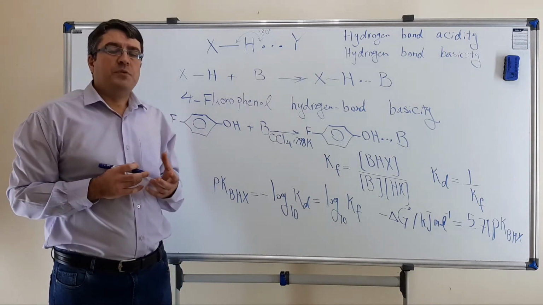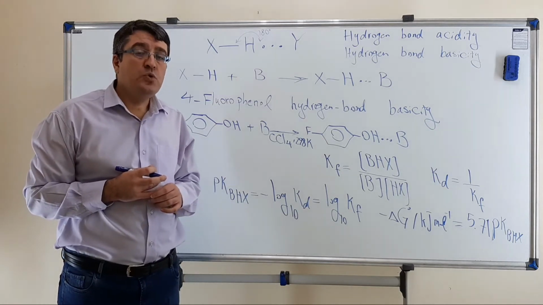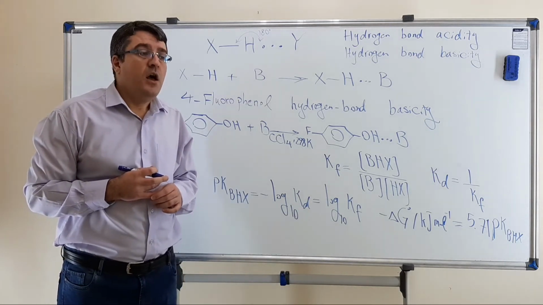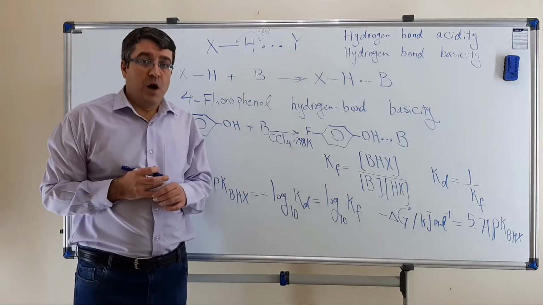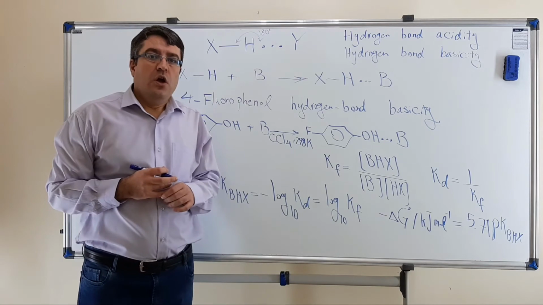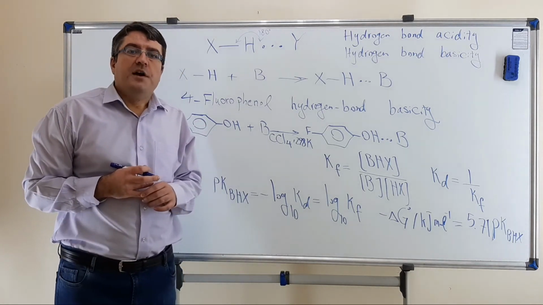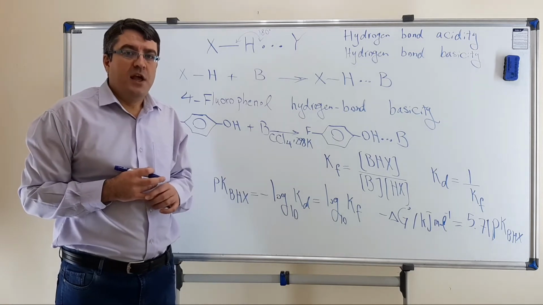For example, by oxygen bases, we mean bases which use their oxygen atom to form hydrogen bond, and so on. In addition, for each of these families, they have considered subfamilies.